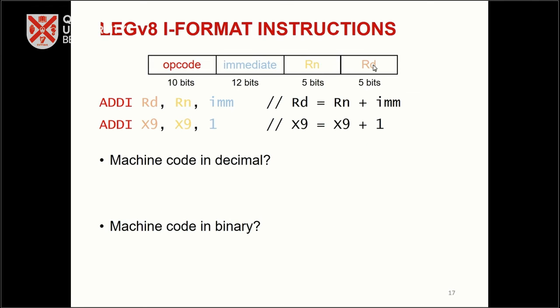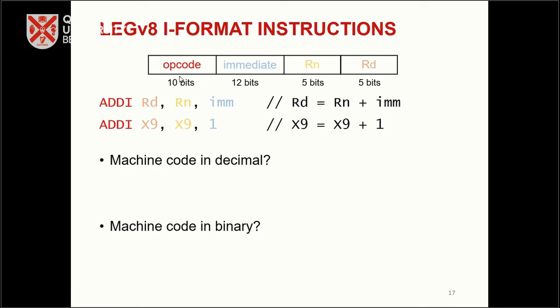So let's do an example again. Now here we have a new thing. As I have mentioned, here we have only 10 bits, but before we had 11.